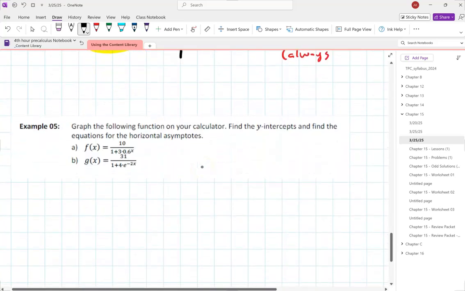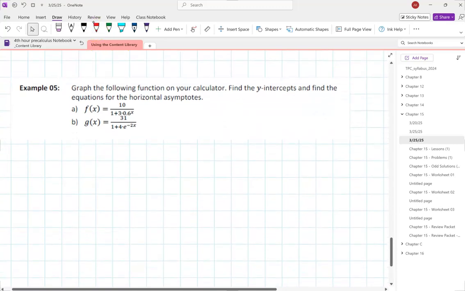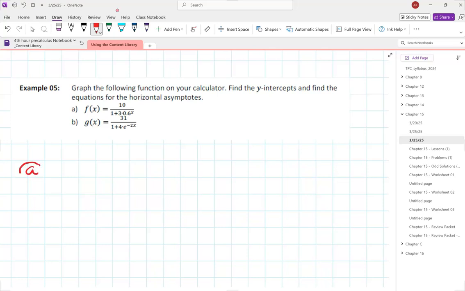So let's do just a couple of basic computational examples. It says, graph the following function on your calculator, find the y-intercepts and the equations for the horizontal asymptotes. We don't really need our calculator for this question, so we'll do part A just by hand, and then we'll graph the other one. To find the y-intercepts, how do I do that?